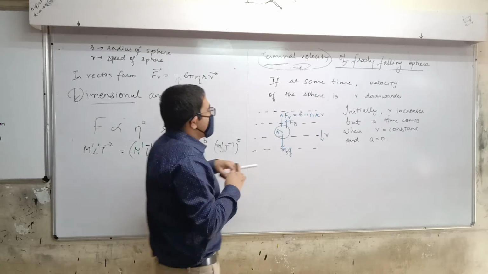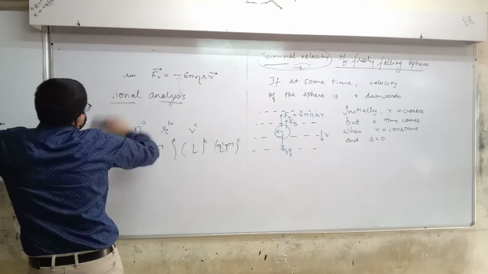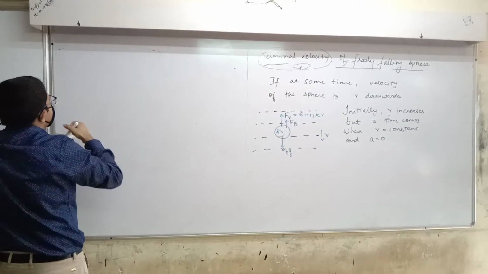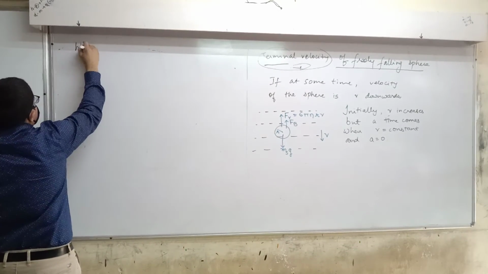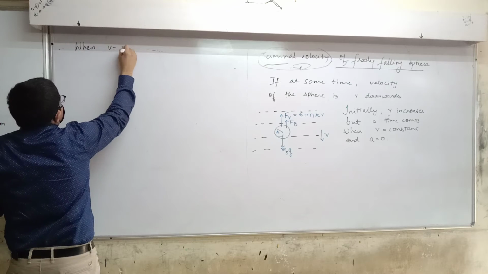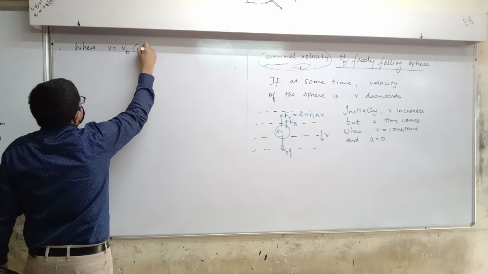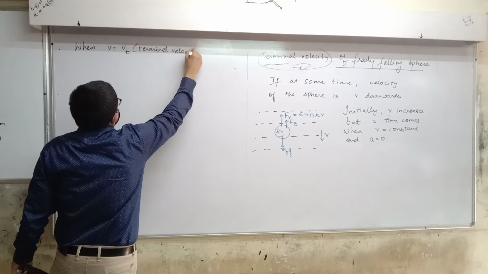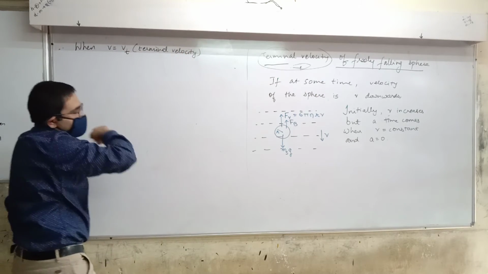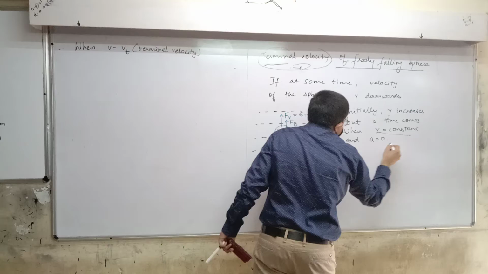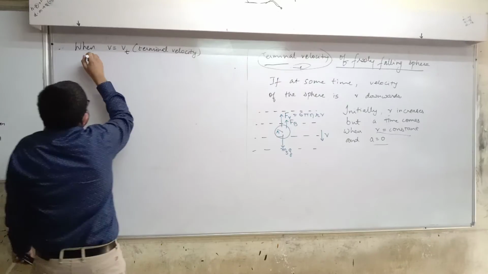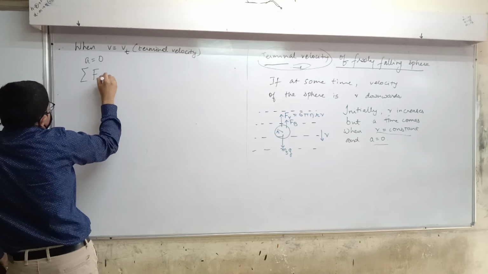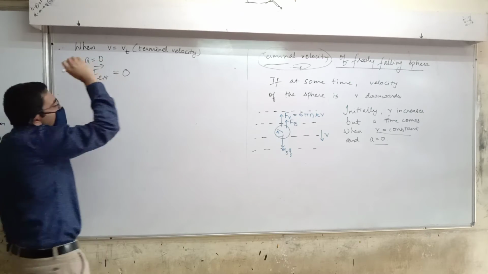So, to find terminal velocity, one thing is clear. When v becomes equal to vt, that is terminal velocity, which does not change. So, when v becomes constant, that is it becomes terminal velocity, acceleration is 0 and sigma F external should also be equal to 0.